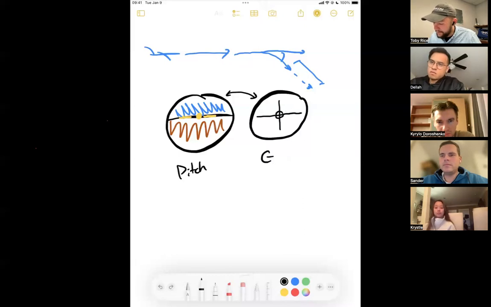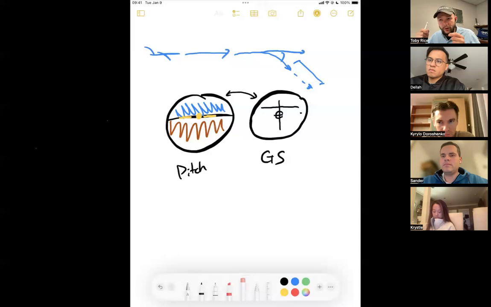Or if you find yourself a little bit low, you say, oh, I need to correct this. I'm sorry, if you're low, it would be up here. What do I need to do? You take the stick and pull up slightly. Now I would add power, of course, but let's say power is fine.